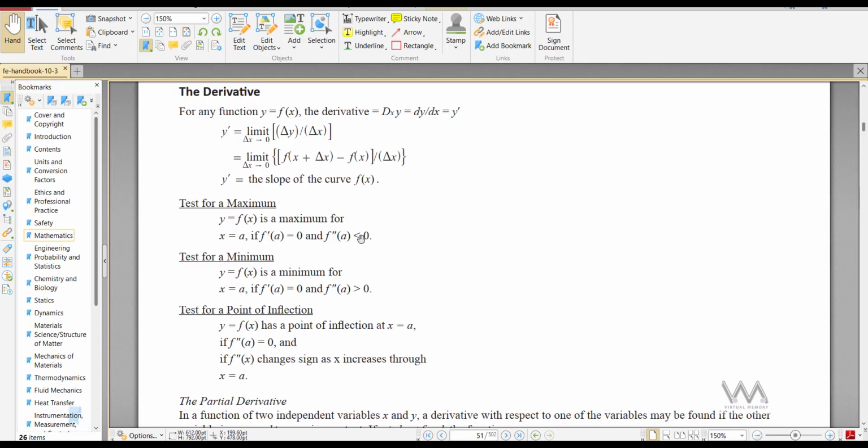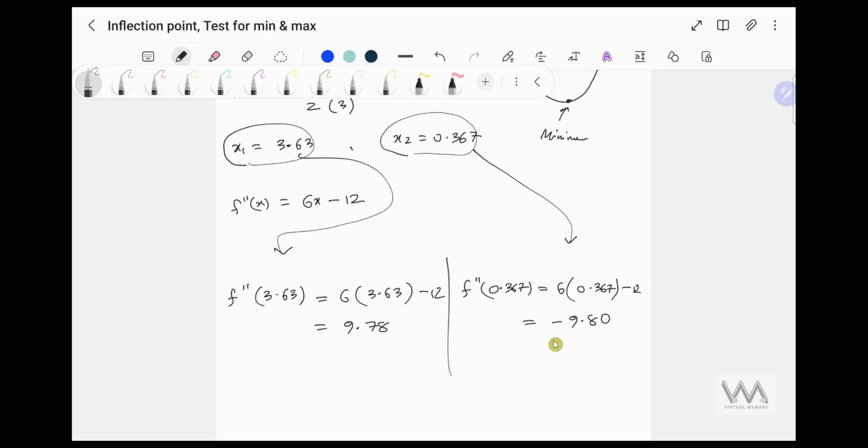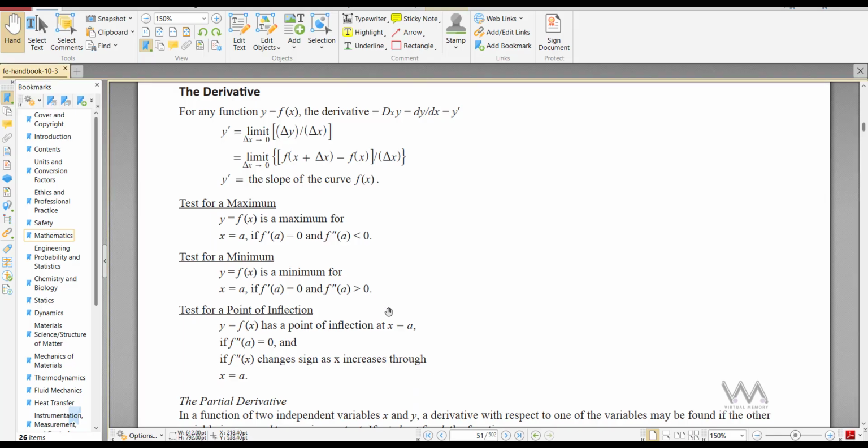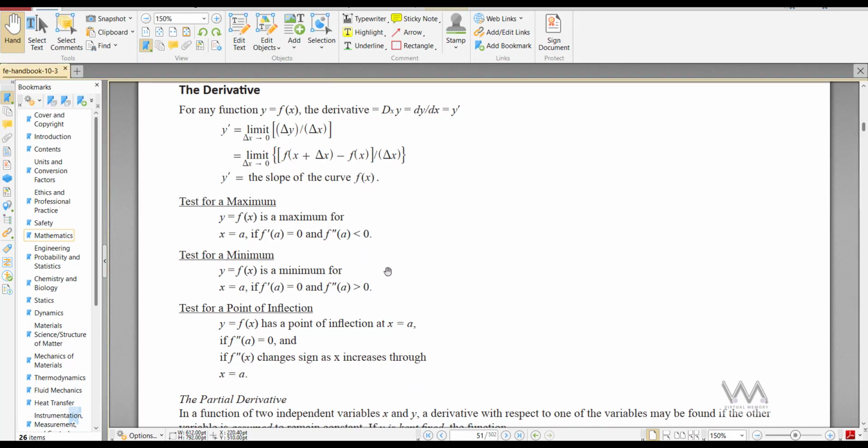Now the handbook says if the value of the second derivative for that value of x is less than 0, it's a maximum. We have less than 0, so this is the maximum. Maximum at x equals 0.367. And it says if the value of the second derivative for that value of x is greater than 0, it's a minimum.